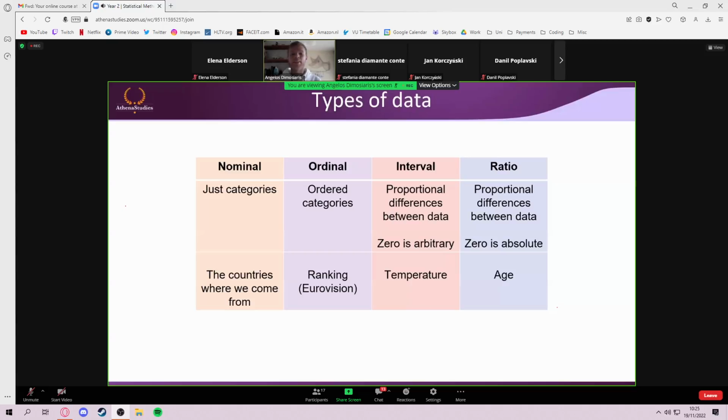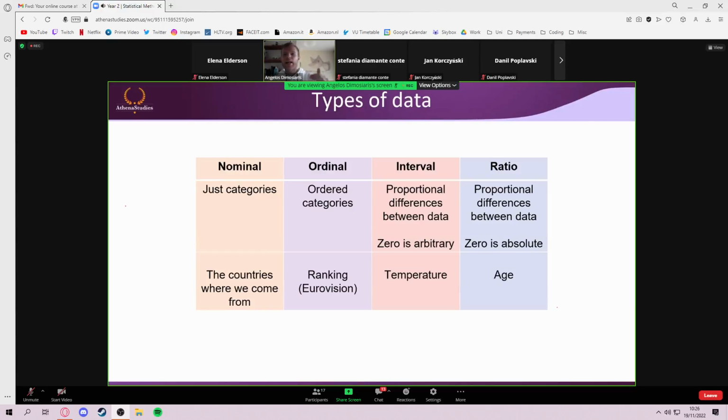Then we have the ordinal. Here we have again numbers, but now we order the categories. So we can have rankings. In most cases, when you see a ranking, it will be an ordinal variable. For example, I don't know if you have seen the Eurovision Song Contest before, but at the end, all the countries have some points, and they're ranked based on these points.